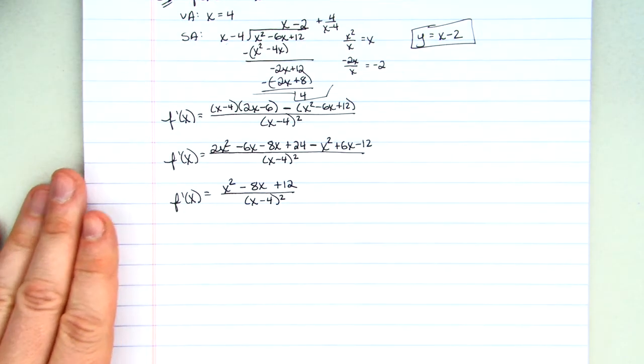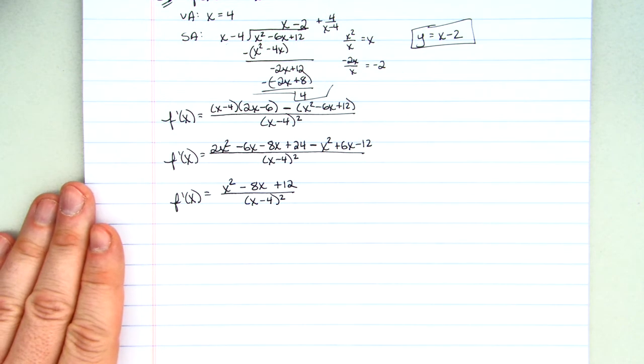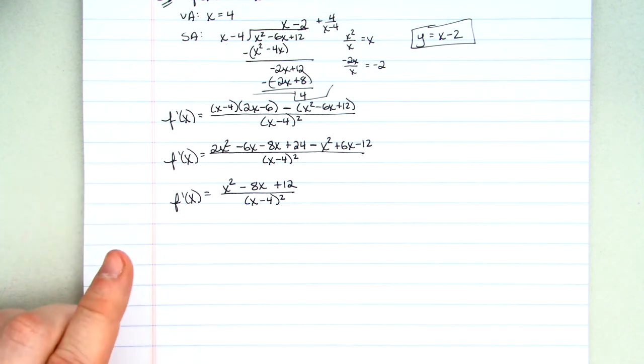I'd like you to go factor the numerator, find your critical values, and test your regions.